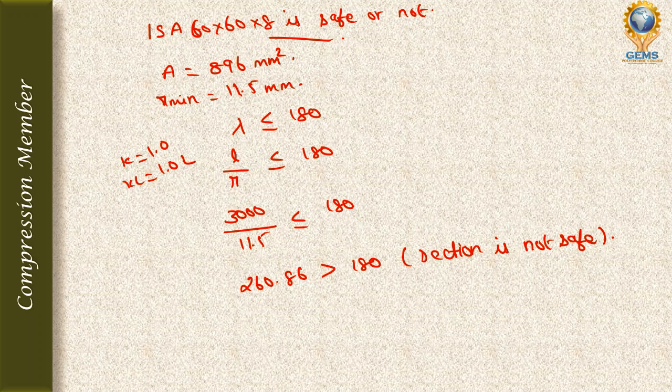So again we have to choose another section. In this we are choosing ISA 100 by 100 by 8 mm. Here also the thickness is 8, so we don't need to find the rivet number. For 8 mm thickness we will have one rivet only. So directly we go to finding the slenderness ratio.